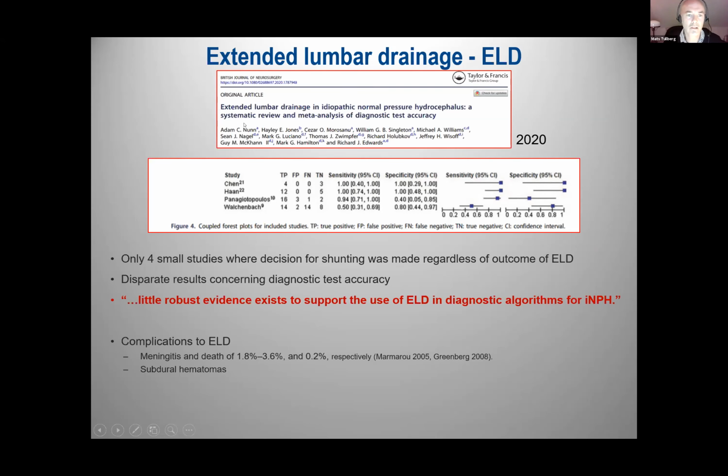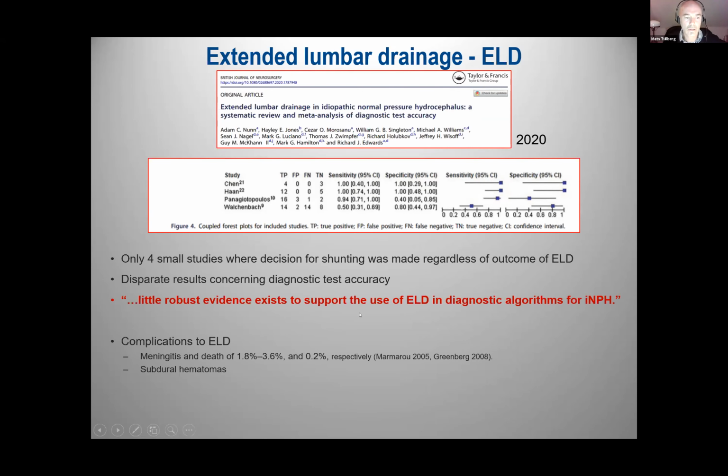The authors here did a literature search, and they could only identify 4 papers that were really able to answer this question: is there a predictive value with the extended lumbar drainage test? The results vary a little bit, but they were disparate.